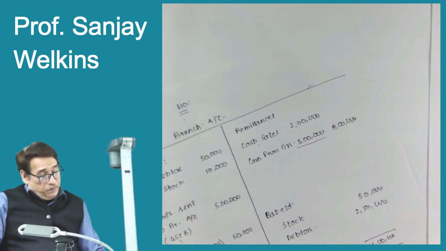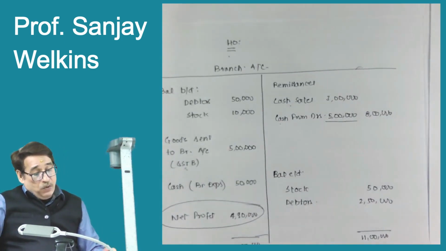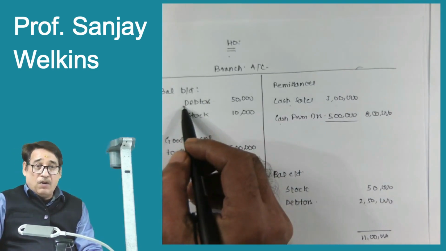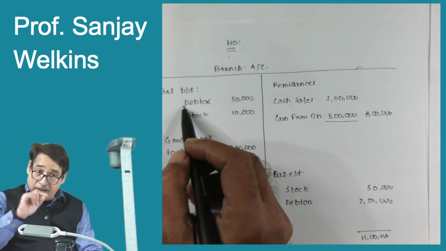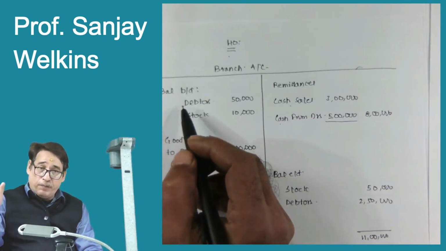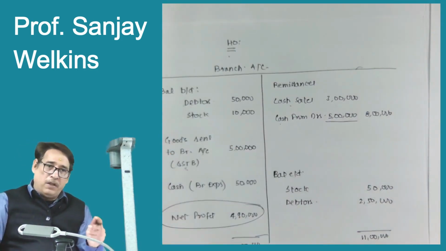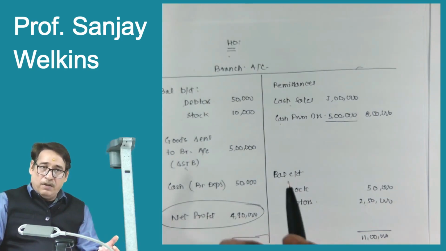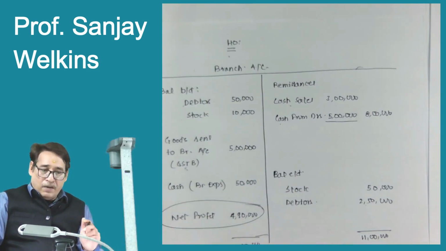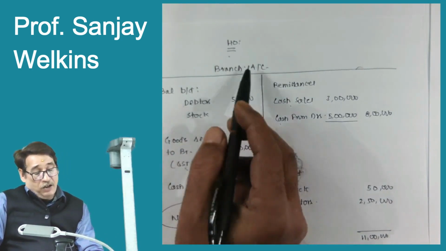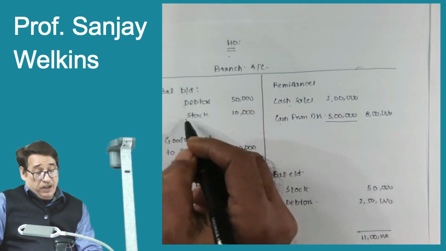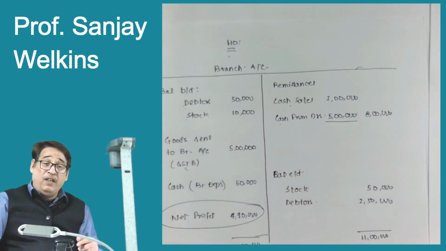As a rule, the opening balance of a particular asset or, for that instance, liability cannot be written in another account. Have you paid any attention towards this particular point ever? I have written in the branch account the opening balance of debtors and stock, and now I am saying that as a rule it is not allowed.